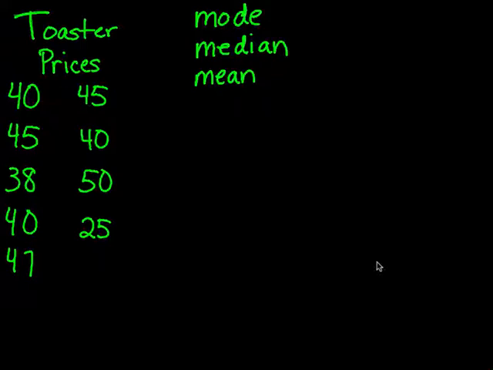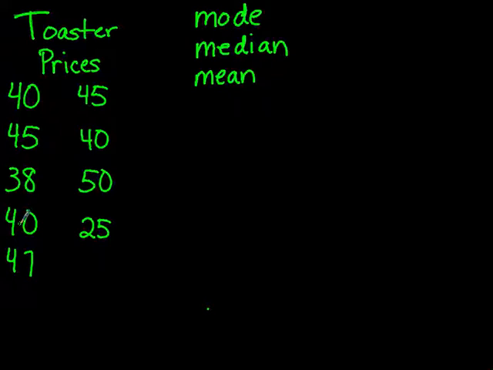So if we're looking over here in our set of numbers, 40, 45, 45, 40, 38, 50, 40, 25, 47. As we're looking at those numbers, we can see that there's 1, 2, 3 40s, there's 2 45s, and then only one of all the rest.